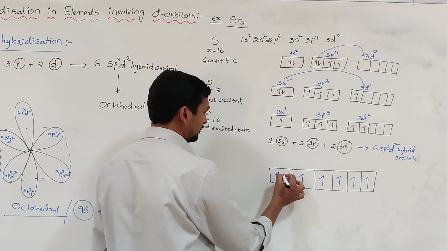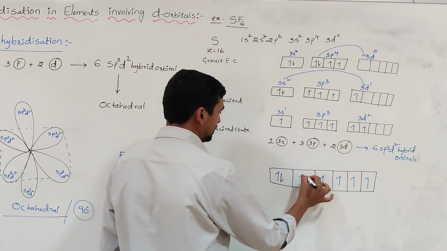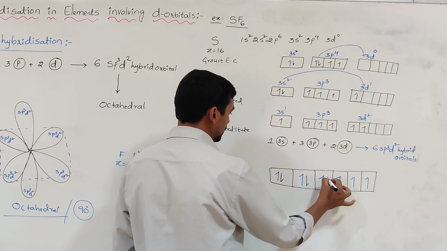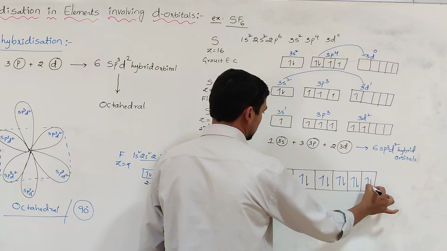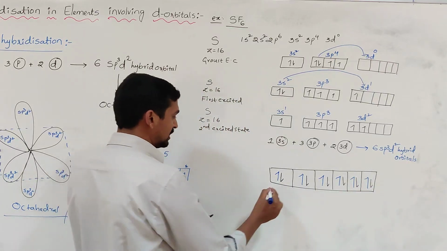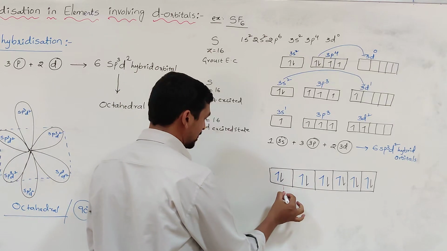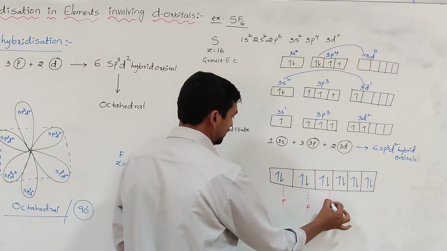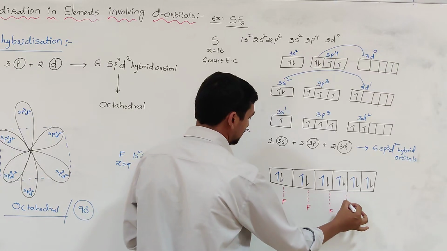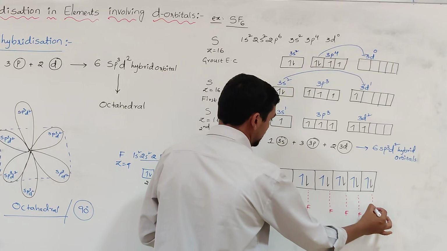So one electron is coming from each fluorine, here from fluorine, here from fluorine, and so on. So what do you mean by this?